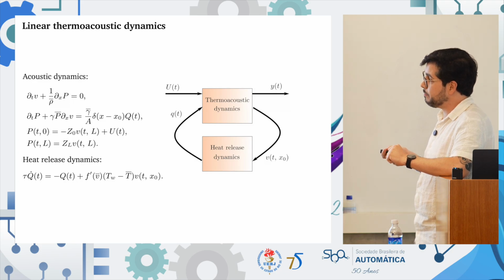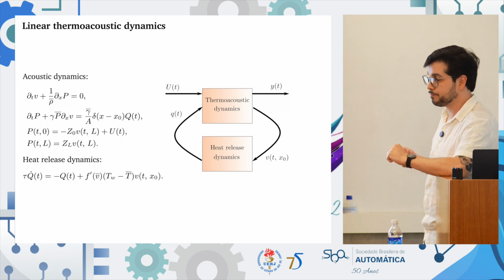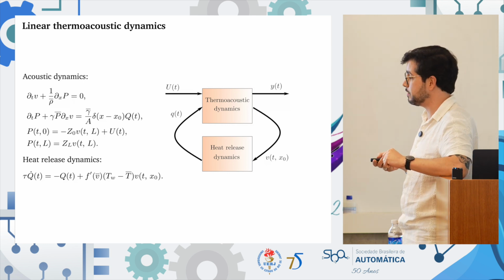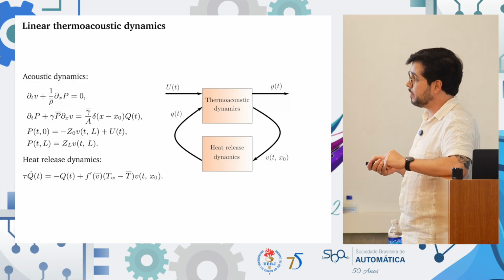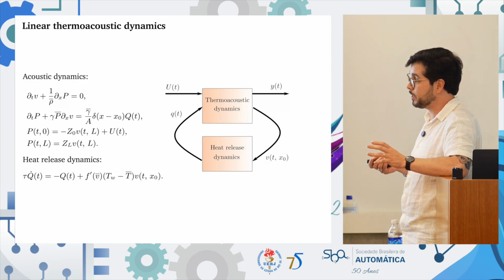The terms Z0 and ZL represent the acoustic dissipation in the system. And the heat release dynamics is basically a first order ODE, which depends only on the velocity, so it's a linear ODE.